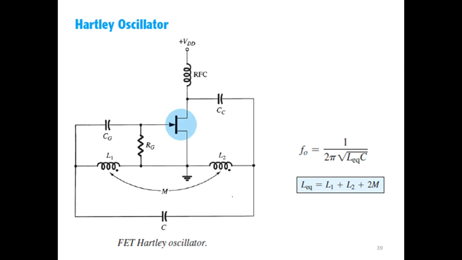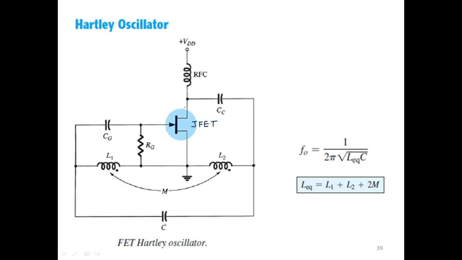In this particular slide, and for your syllabus, since we are specially focusing on JFETs, most of the circuits will be using JFET as the core device. So here also we have a JFET which is being used as an amplifier.